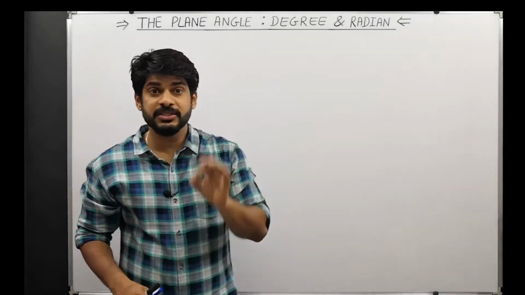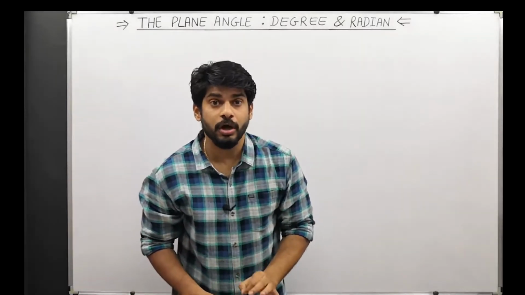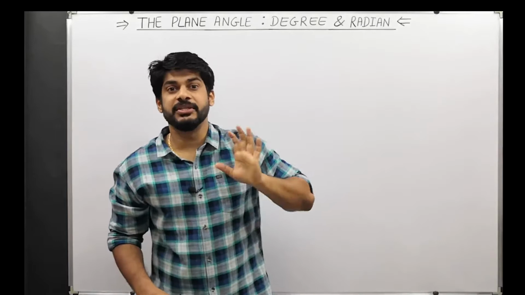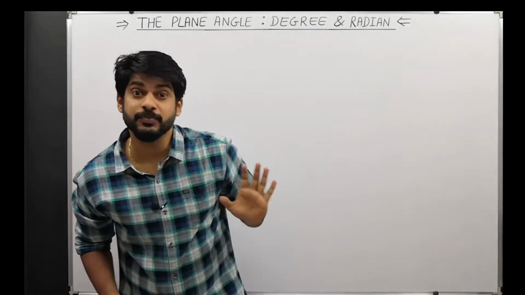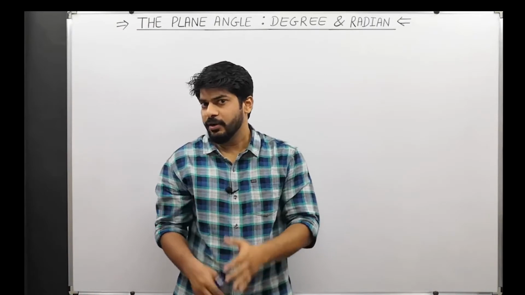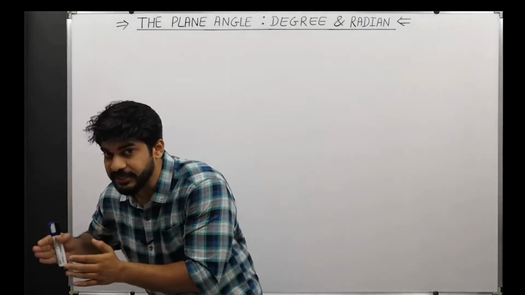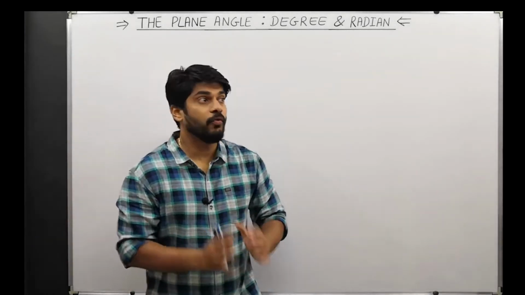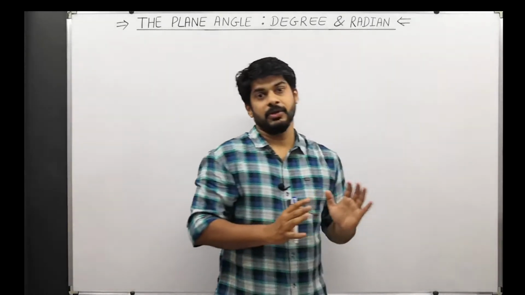But in this lecture, we are going to talk about degree and radian in as much detail as possible. We are going to understand what exactly a degree is, what the subtypes are, and what exactly a radian is.